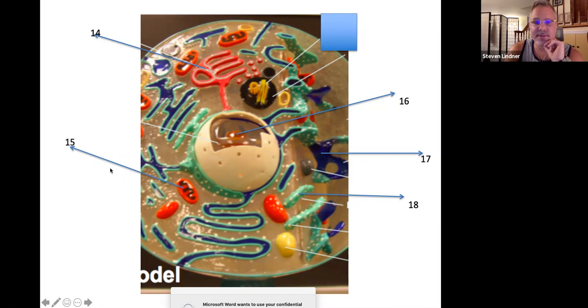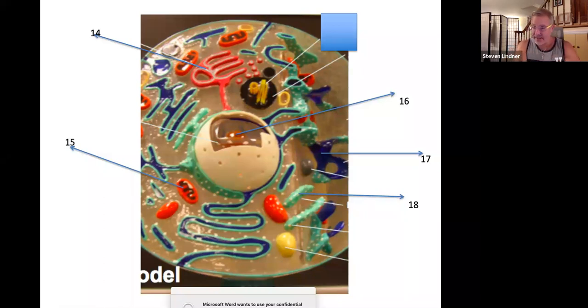What is 15? Mitochondria. What is 16? Nucleolus, not nucleus, nucleolus. Okay, 17. Let's say it says, what is its function?